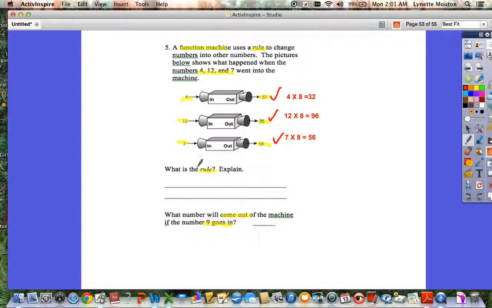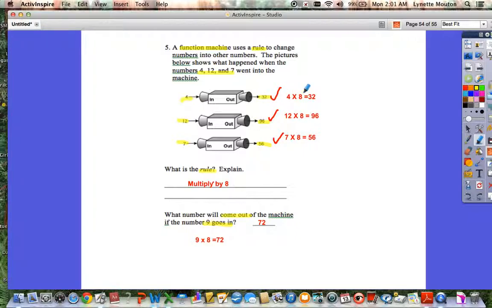Now, talking about the rule down here, there's a really easy way to explain it. If you look at all of them, what did we do? We multiplied by 8. So we would put our rule as multiply by 8 because the number is increasing. We know we could only use addition or multiplication.